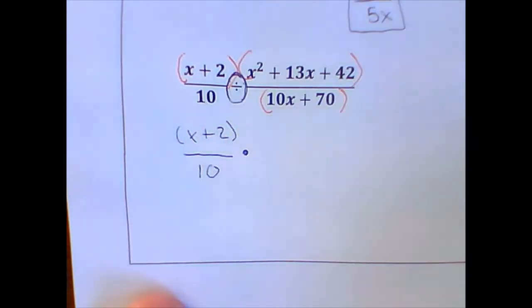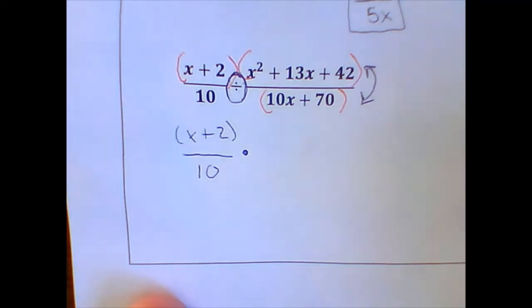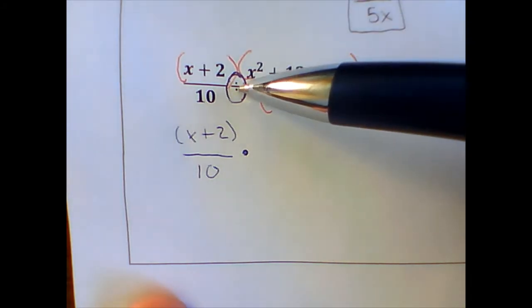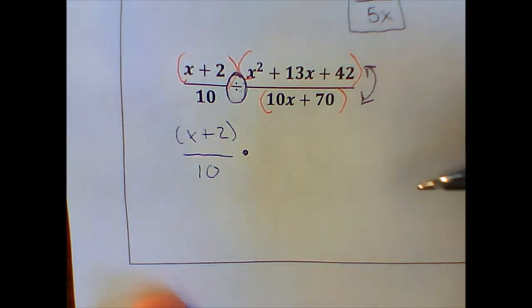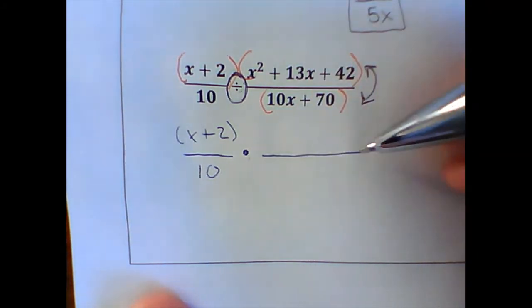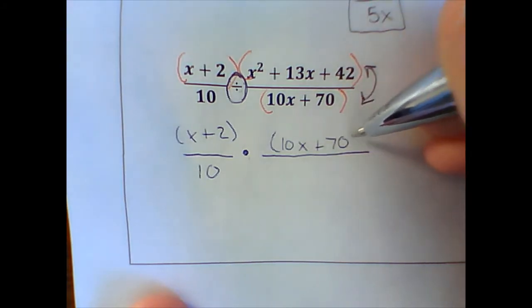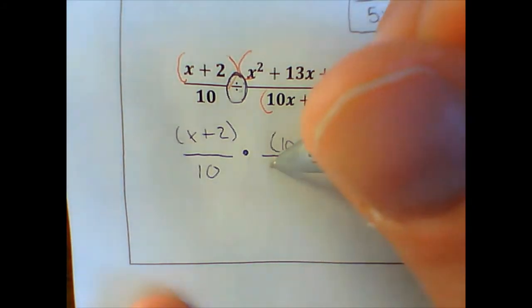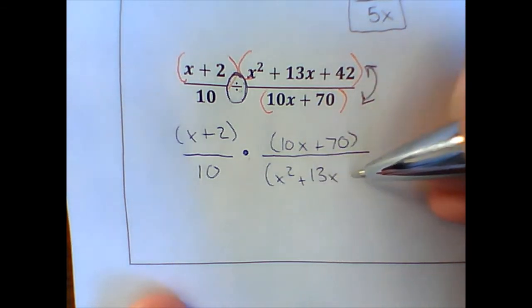Divide symbol, we change that into multiplication, and we flip over the second fraction, not the first fraction. And remember, you only flip when you're changing it out of division. If it's already multiplication, don't flip it, just start canceling. Division is the only one that requires this flip.